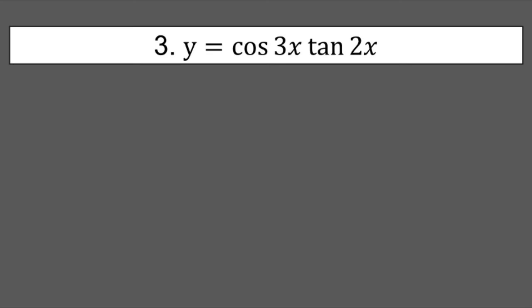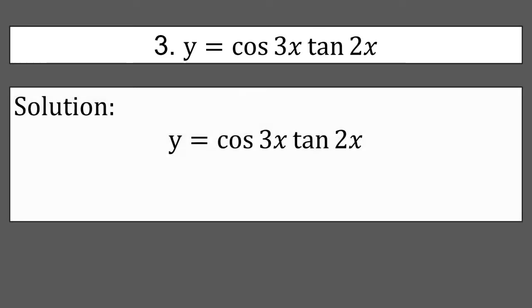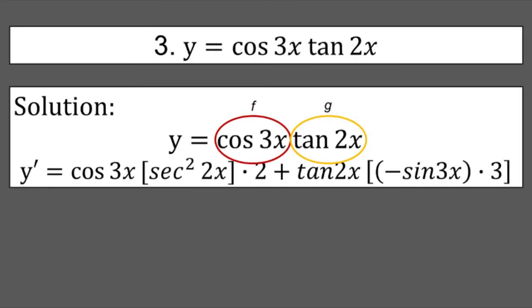Example number 3. y equals cosine 3x tangent 2x. Applying the product rule, we take cosine 3x as our f and tan 2x as our g. Remembering the product rule, copy the f and the derivative of g, which is the derivative of tan 2x, then the g with the derivative of f, which is the derivative of cosine 3x.